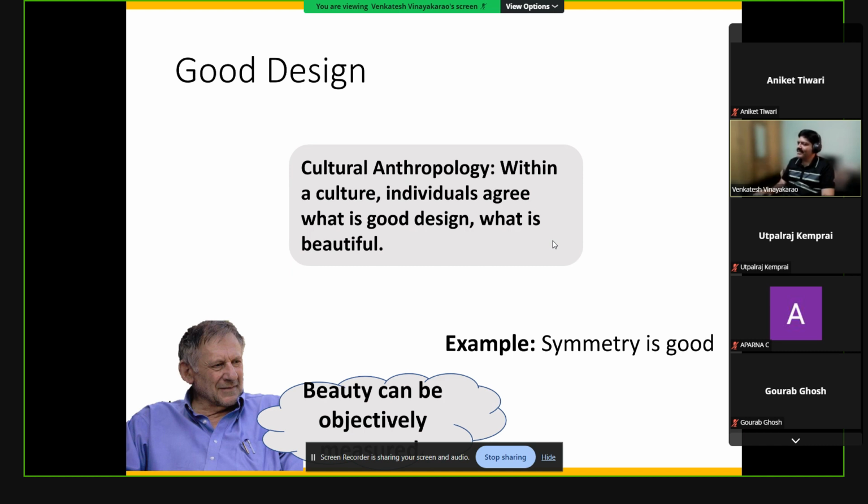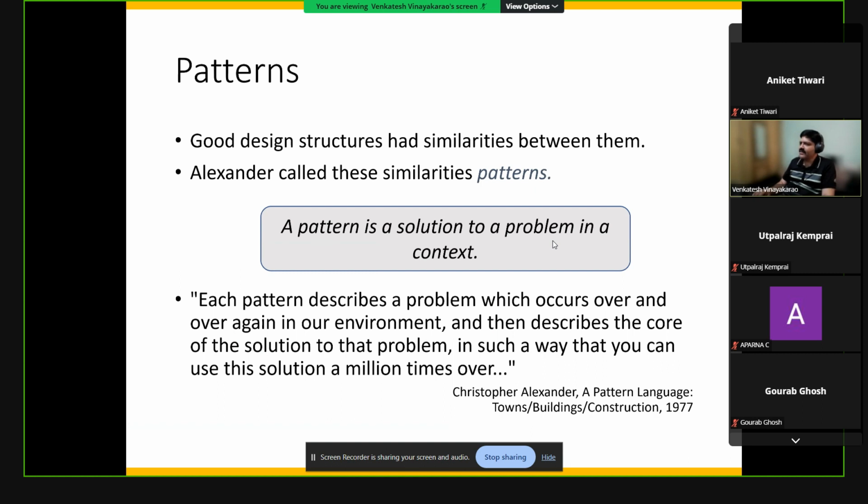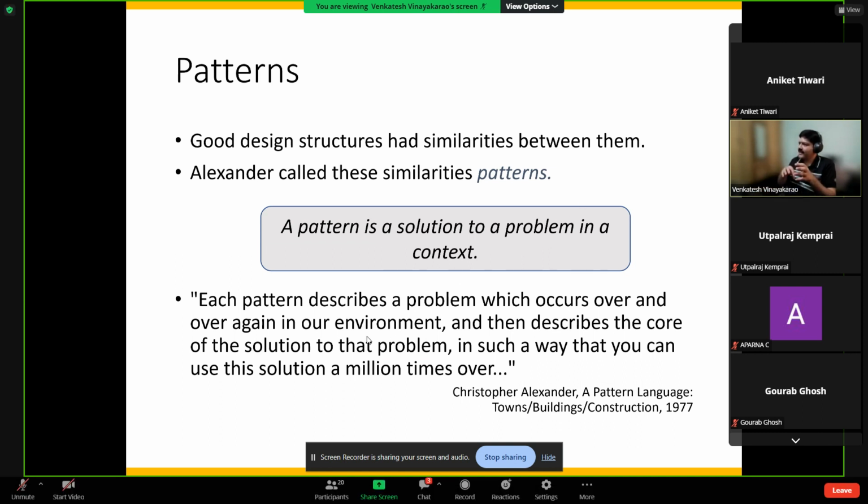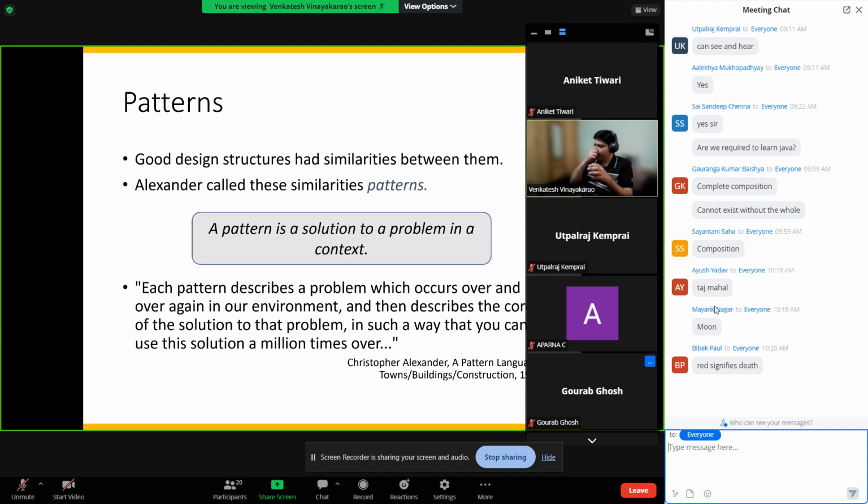So there are certain things which are considered bad to do, and certain things which are considered good to do in some cultures. This is the study of cultural anthropology. So basically, what Christopher Alexander said was this: if you take good design structures, there are some similarities between them, and Alexander called these similarities patterns.